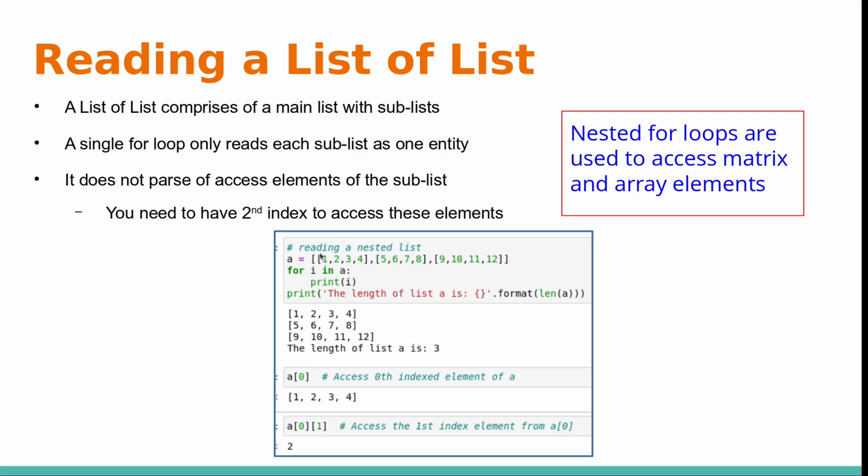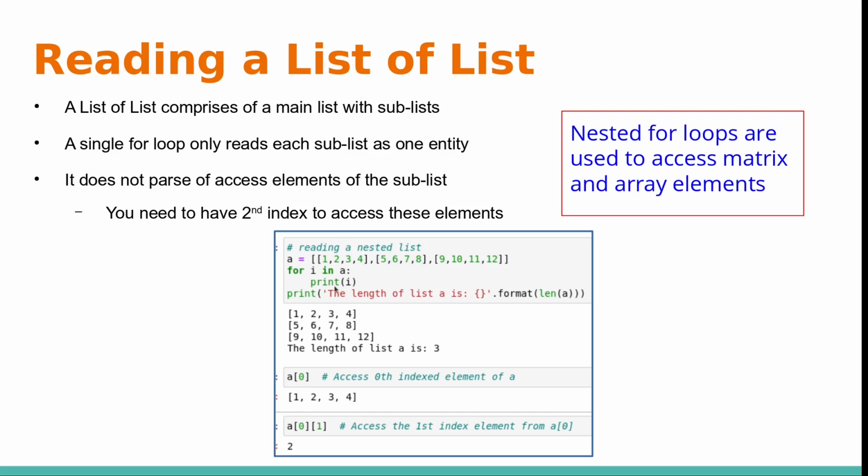So again, the nesting starts with 0, 1, 2, 3. I'm going to get the value 2, which is part of the 0th element, and inside the sublist it is the first element. So 0, 0 would give me 1, 0, 1 would give me 2, 0, 2 would give me 3, and 0, 3 would give me 4.